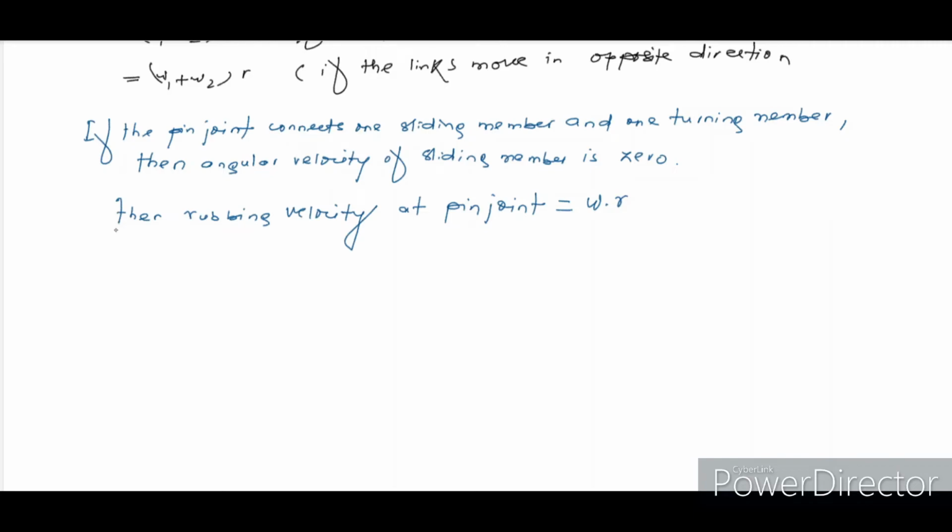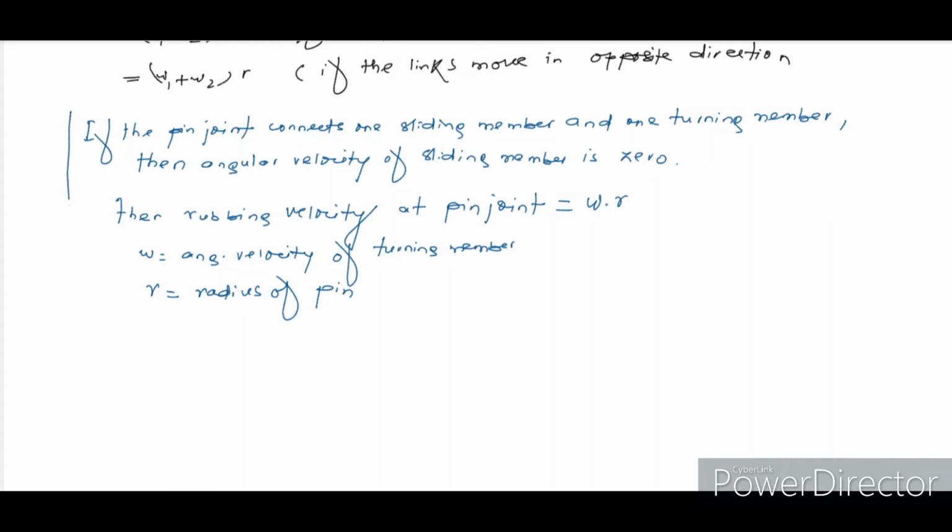So omega is the angular velocity of a turning member, and r is the radius of pin.